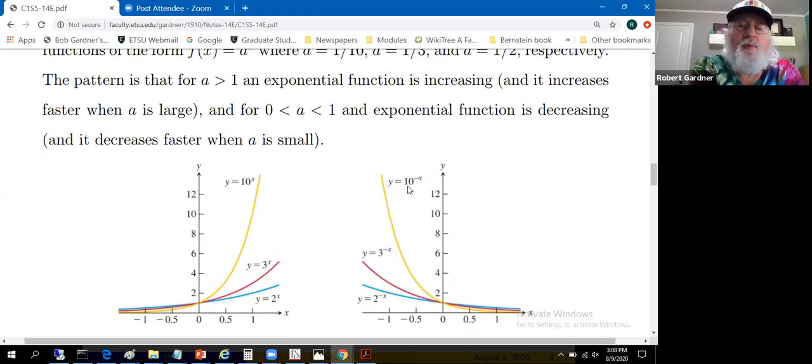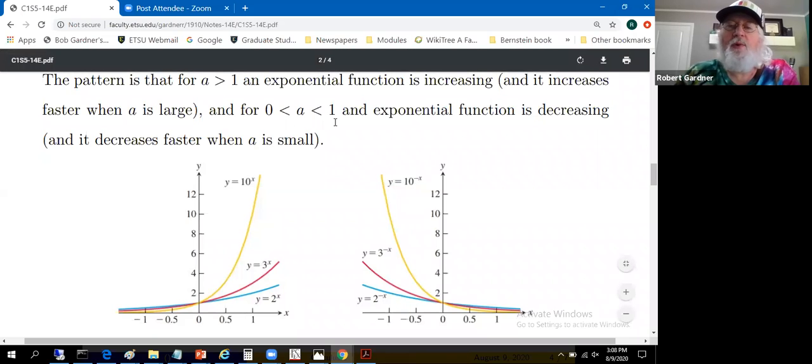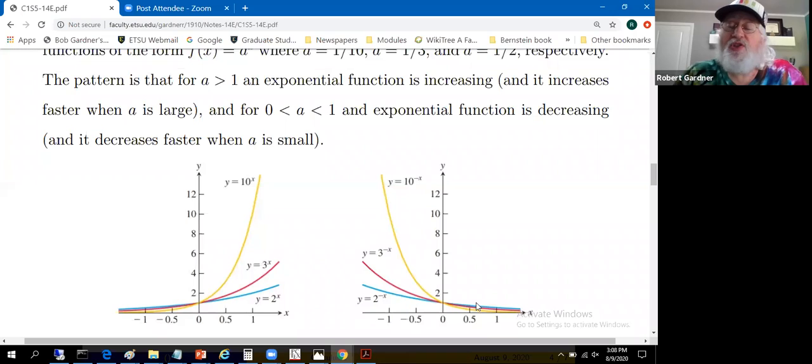And what happens when we have a base between 0 and 1 is they're decreasing functions. And the smaller the base, the faster they decrease. The yellow one is decreasing faster than the other two, red from left to right. Yeah, it's because it's base 1/10, right? The base is 1/10 here, which is a lot smaller, say, than 1/2.